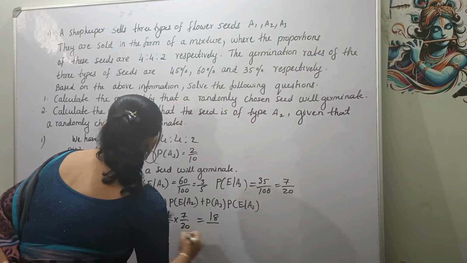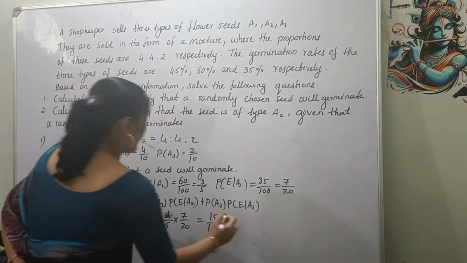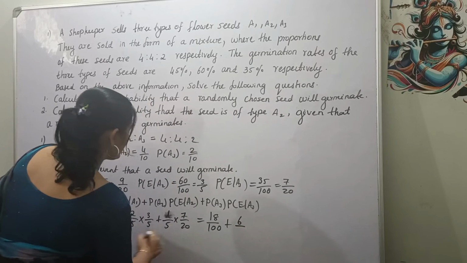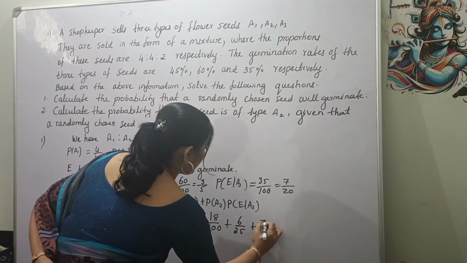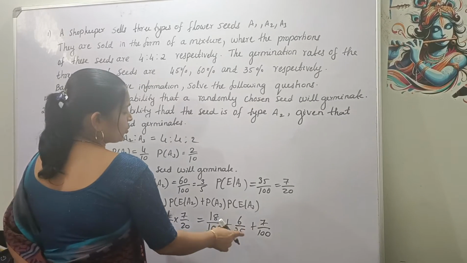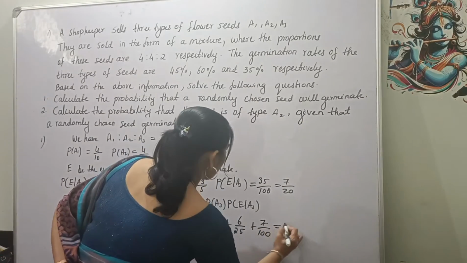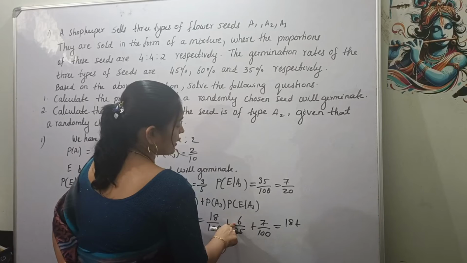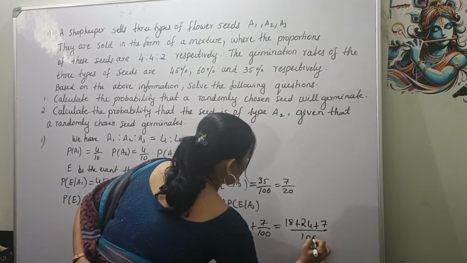18 divided by 100 plus 6 divided by 25 plus 7 divided by 100. So let's make it 100, okay. So to make 100, here we have to multiply 4, right. That is equal to 18 plus 6 into 4, 24, plus 7 divided by 100.